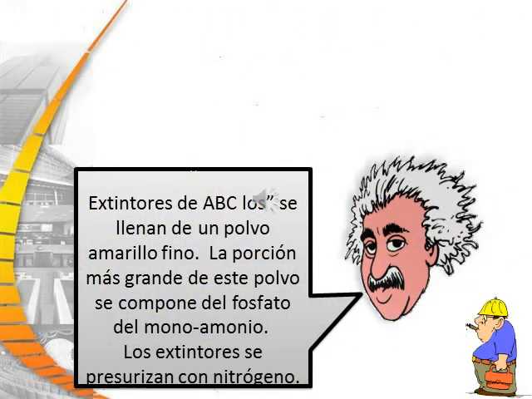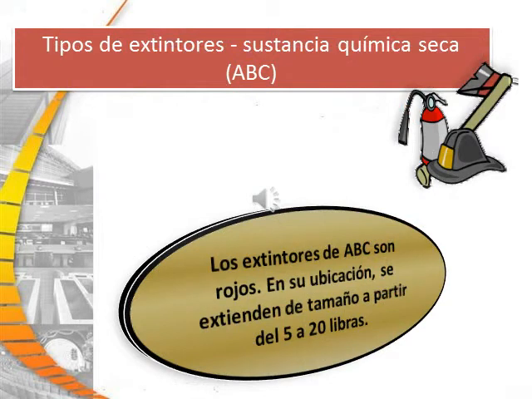ABC fire extinguishers are filled with a fine yellow powder, and the greatest portion of this powder consists of monoammonium phosphate. These extinguishers are pressurized with nitrogen. ABC extinguishers are red.